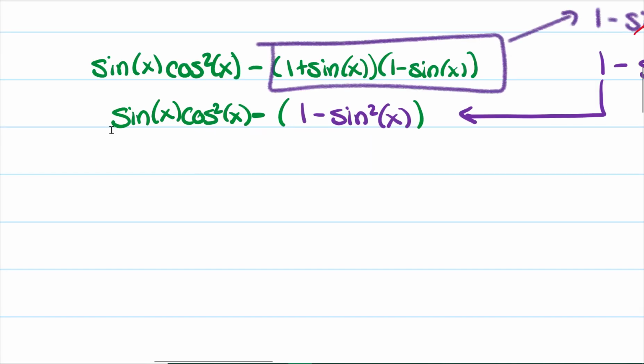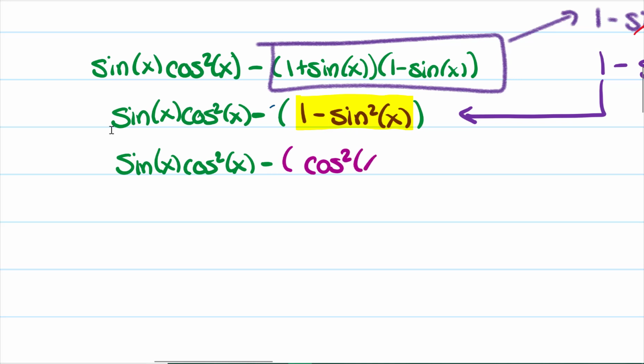Now what I might want to do is go ahead and distribute this negative. However, that's going to create more work for me, because when I look at this, I should think Pythagorean identity. Well, we know that 1 minus sine squared is cosine squared. So this just becomes sine of x cosine squared of x minus, and this piece on the inside is going to become cosine squared of x.